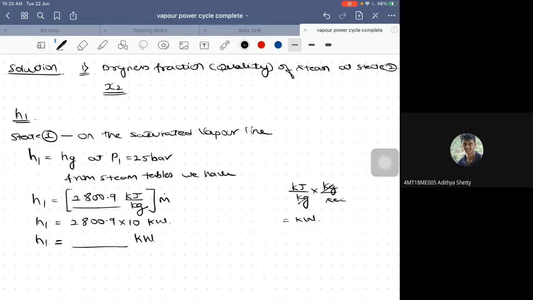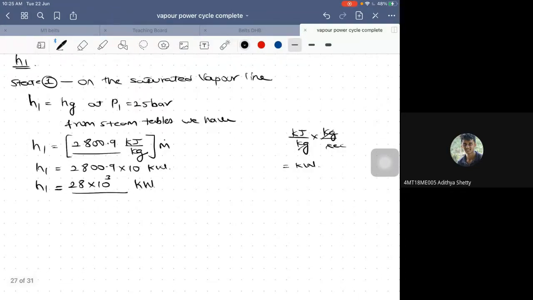Give me the proper units, man. So can I write it as 28 into 10 to the power of 3 kilowatts? Is it correct? Yes, sir. Okay. So now h1 is done.